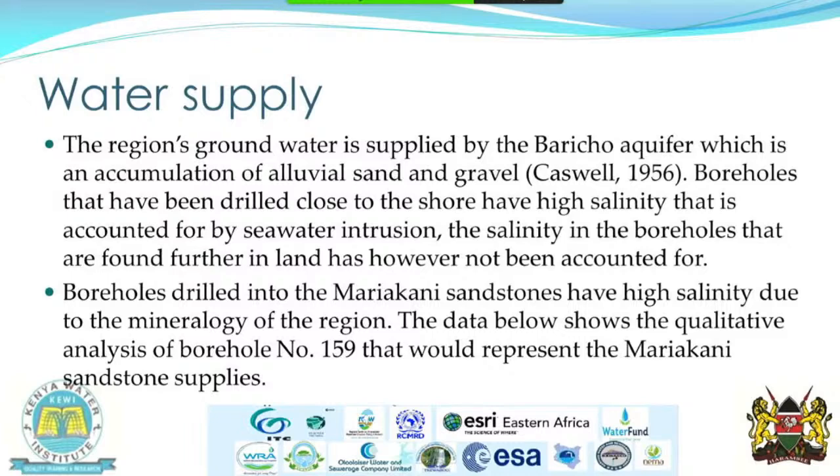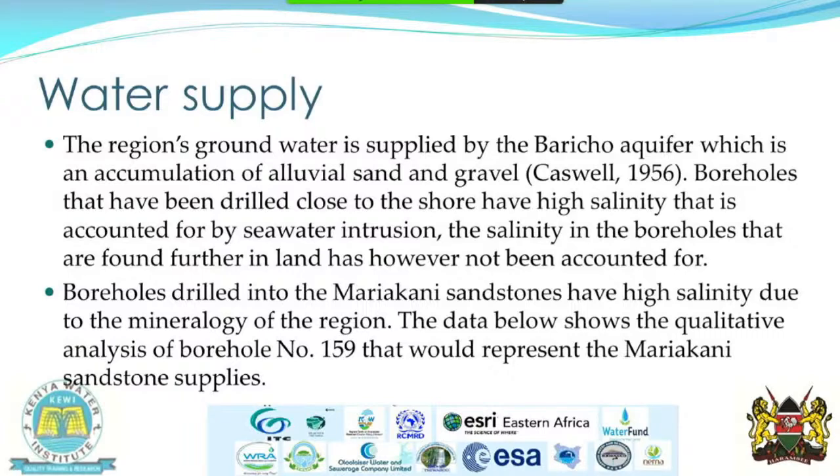So the water supply in the region: most of the groundwater in the region is saline water. Some of the salinity inland can be accounted for by the Mariakani sandstones. Their mineralogy is quite high in salinity, so water dissolves the salts in the rocks.